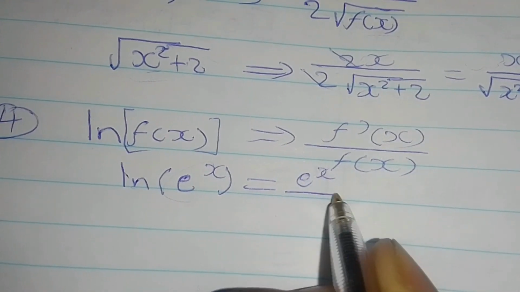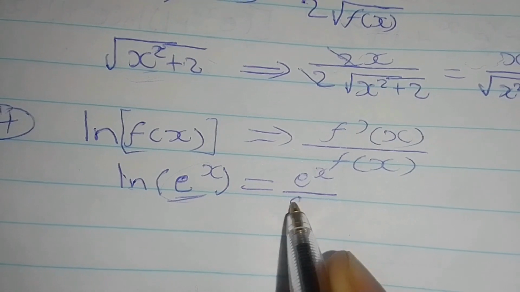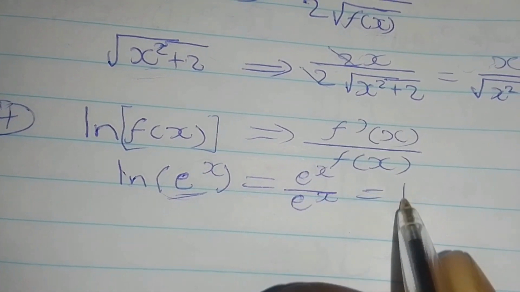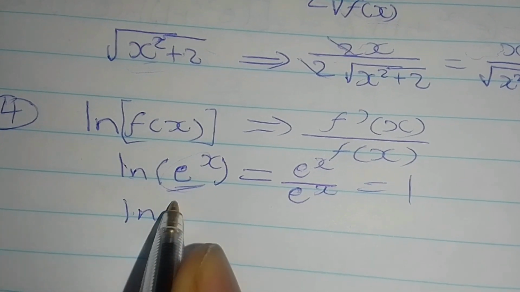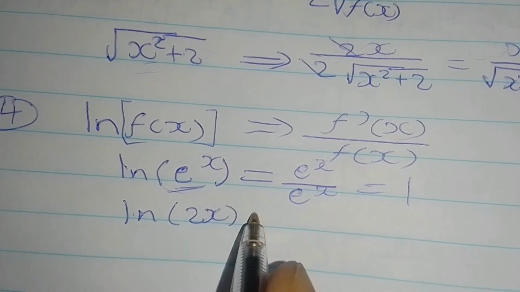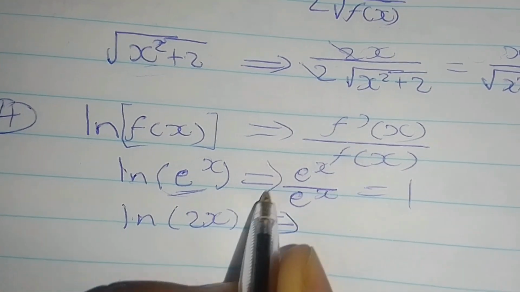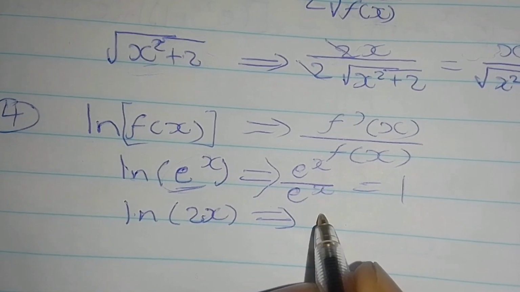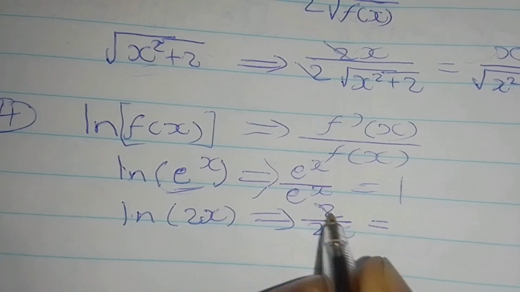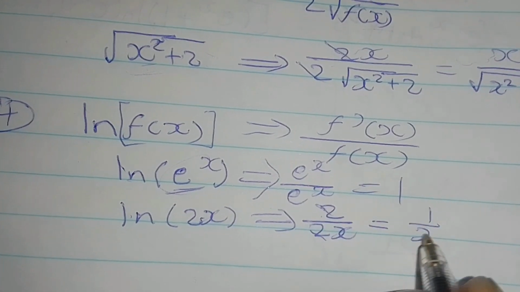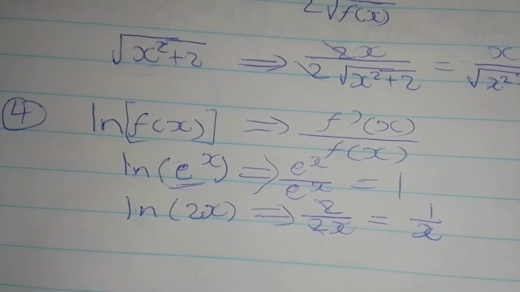It stays the same, and you divide by the function, which is e to the x. Notice that this will reduce to 1. Another example on this: ln of 2x. If you are deriving this, you're going to derive the inside, which is 2, and you divide by 2x. Notice that the 2's will cancel, and you'll have 1 over x. So that's how you can derive this.